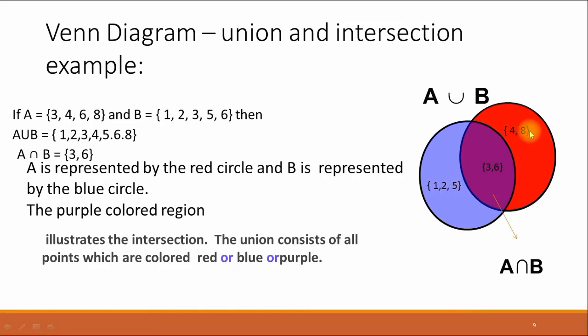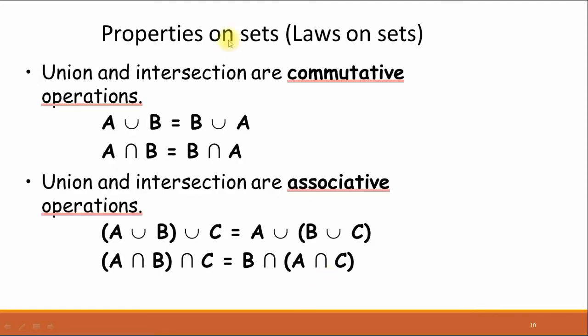Similarly, the other elements of set A are 4 and 8. This area represents A intersection B, and the whole area represents A union B. The purple region illustrates the intersection, and the union consists of all points which are colored red, blue or purple.